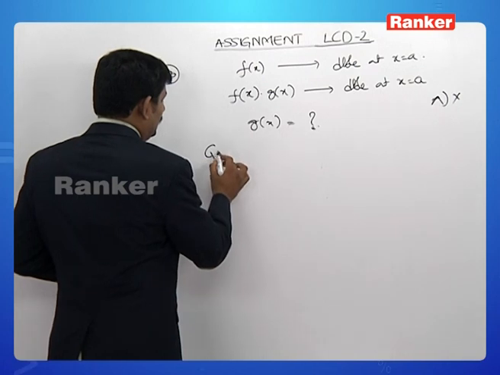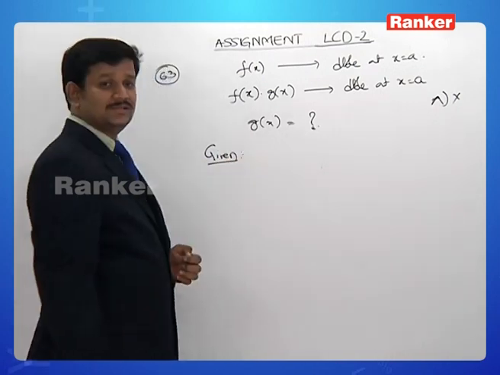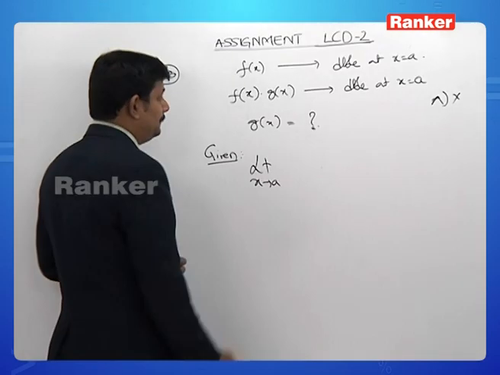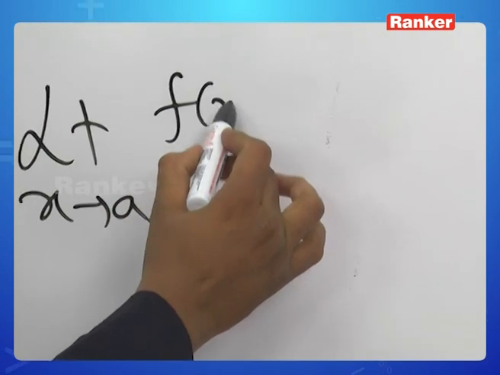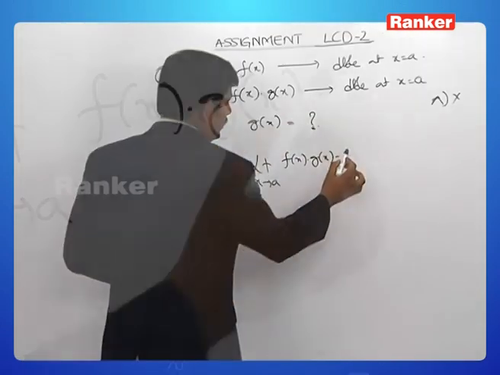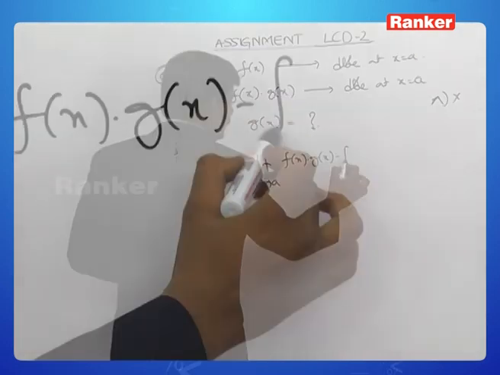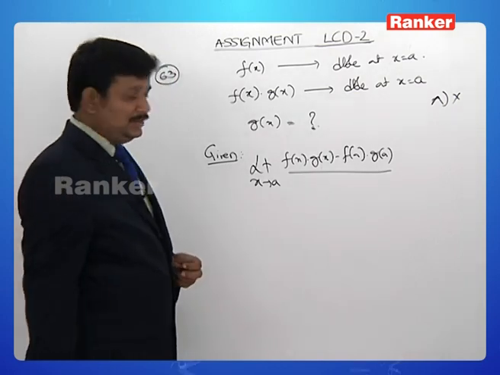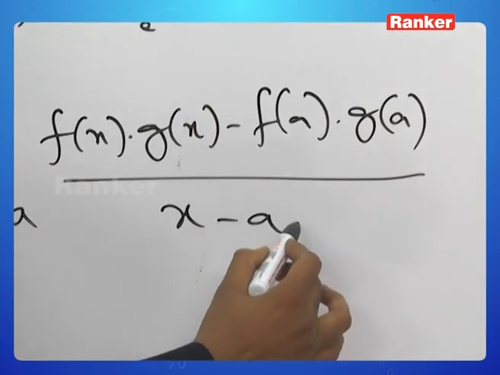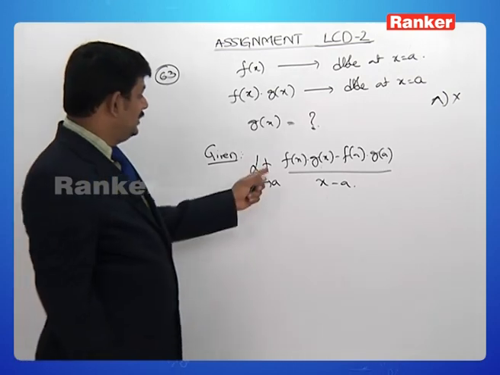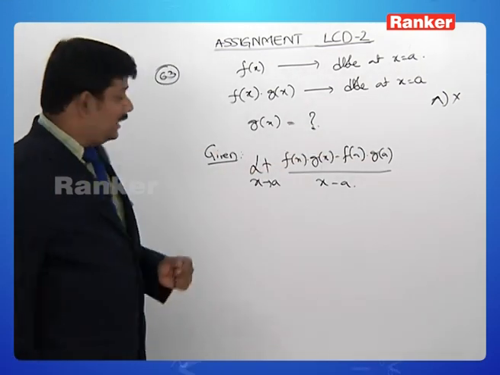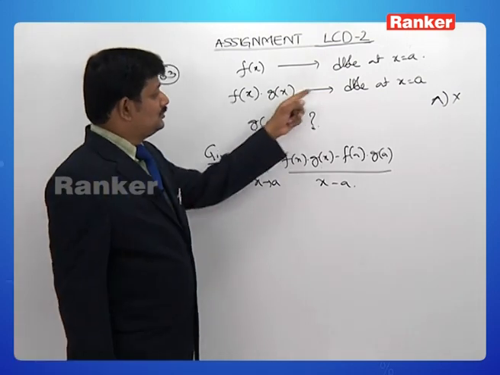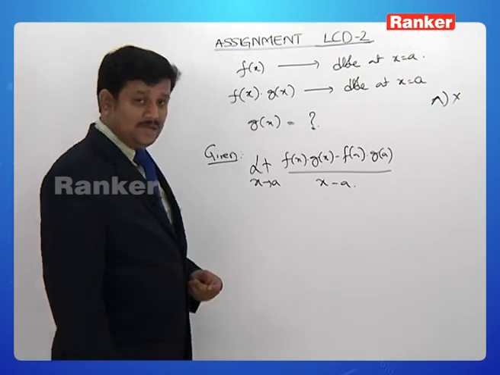So the limit as x tends to a of f of x into g of x minus f of a into g of a, divided by x minus a, exists. It is also given that this limit is finite. Only then f of x into g of x will be differentiable at x equal to a.